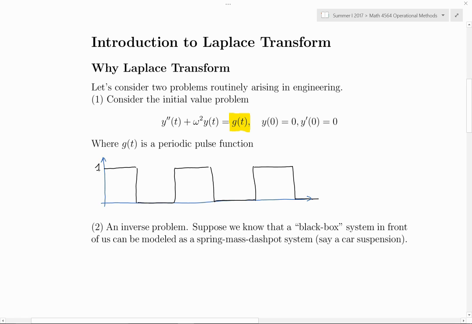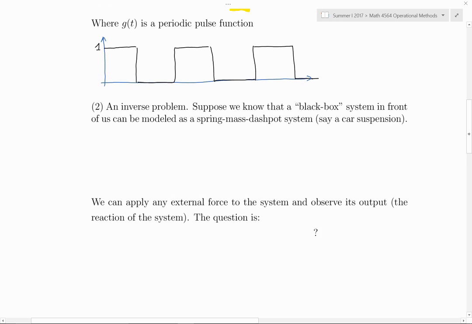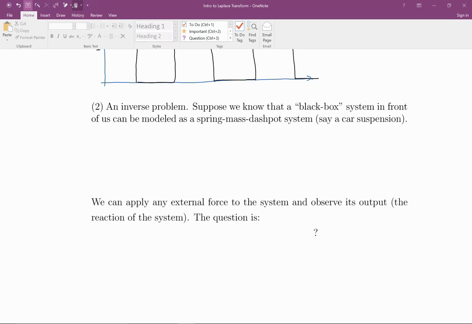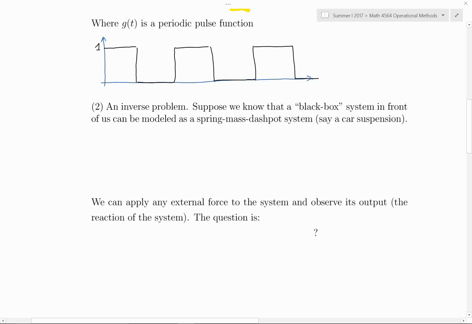Another type of problem where the framework of system transfer functions proves very, very useful is analysis of problems where we need to do the inverse problem, where we don't know exactly the model of a system, but we can experiment with the system.